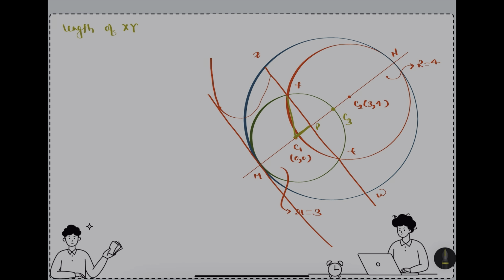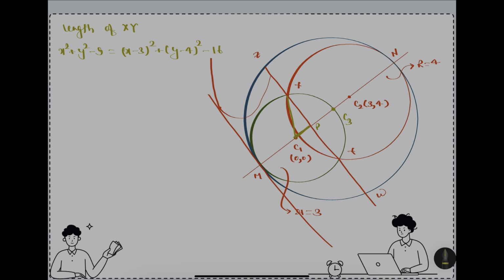So we are interested in finding the point where red circle is equal to green circle. Do you remember equation of green circle? So x square plus y square minus 9 is equal to (x minus 3) whole square plus (y minus 4) whole square minus 16. We are interested in equal point, that's why we have equated both these circles.